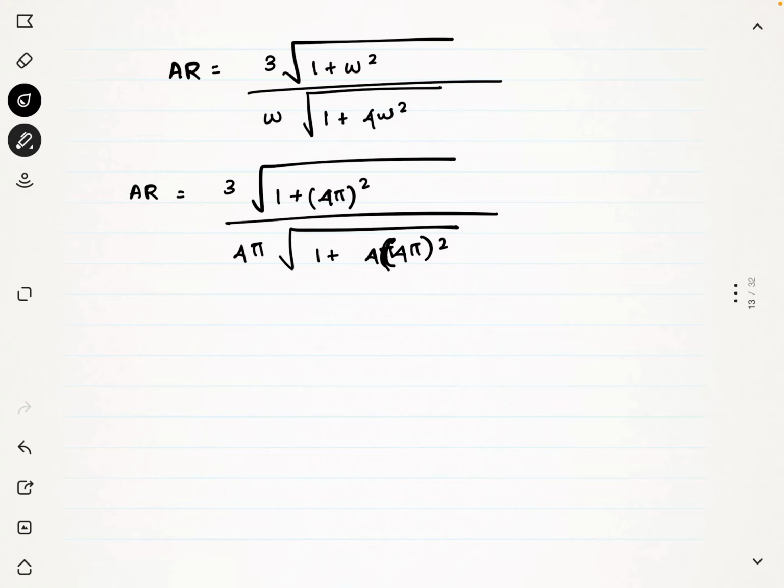so we know that the amplitude ratio is the ratio of the amplitude of the output signal by the amplitude of the input signal.